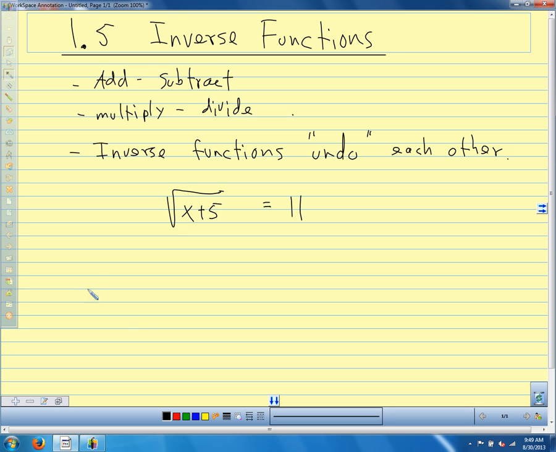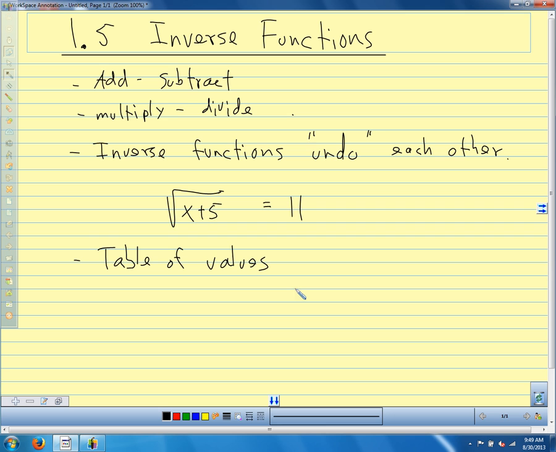Now if we have a table of values, and a couple people mentioned it when we were talking about inverses.